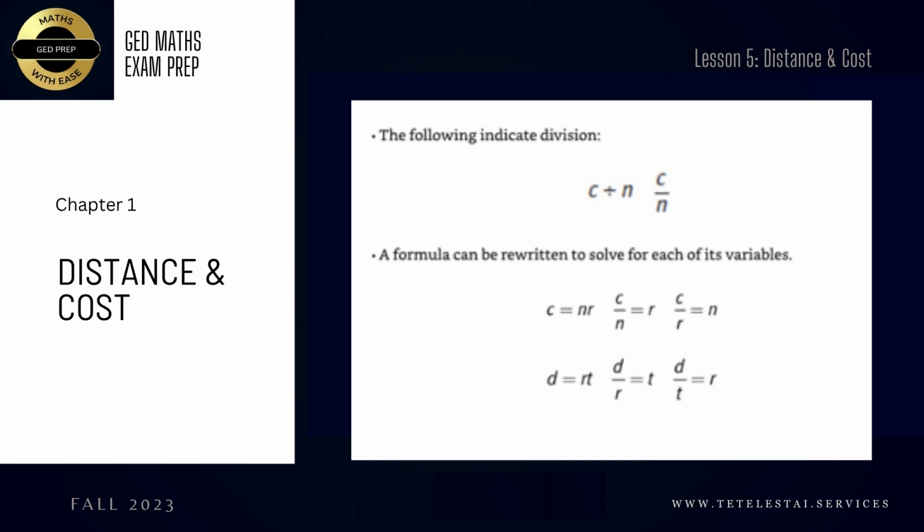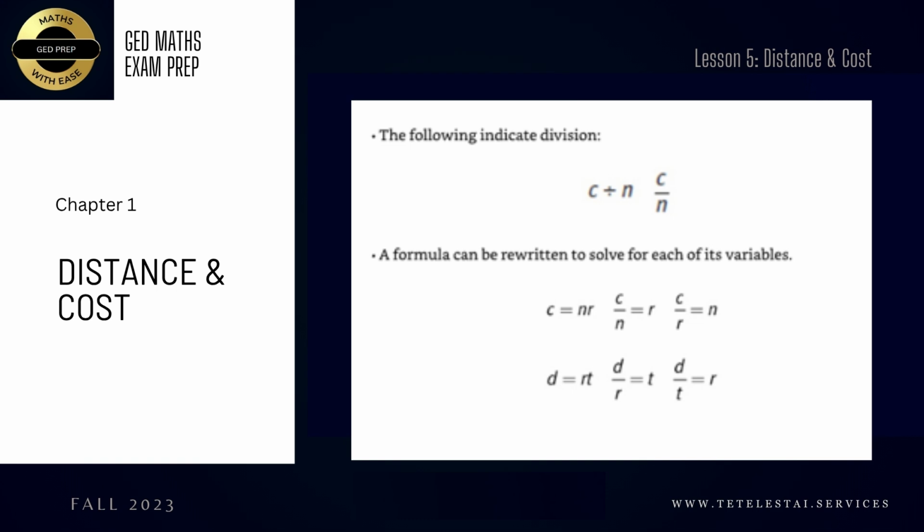Or if you were asked to find n, you would divide both sides by r. So r would cancel out on the right side, and you would end up with C divided by r equals n, right? Do you understand what's happening here?